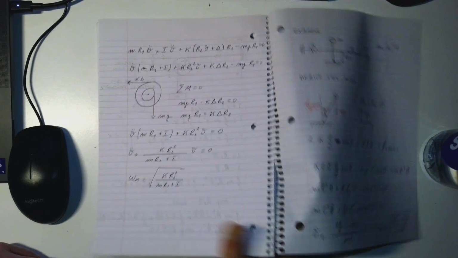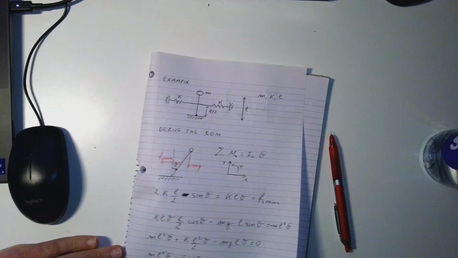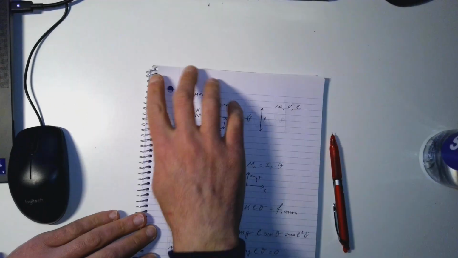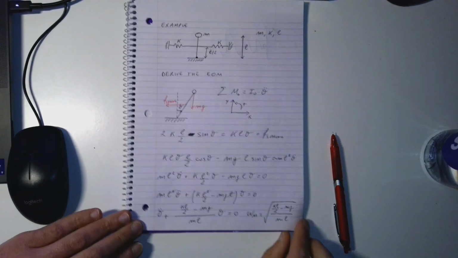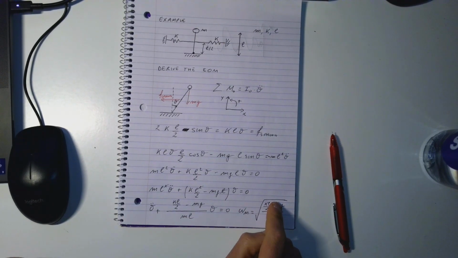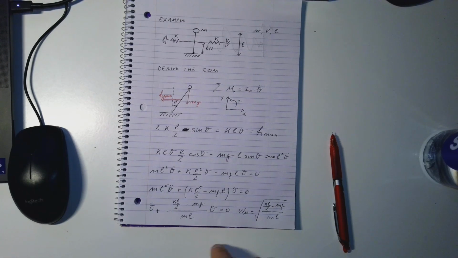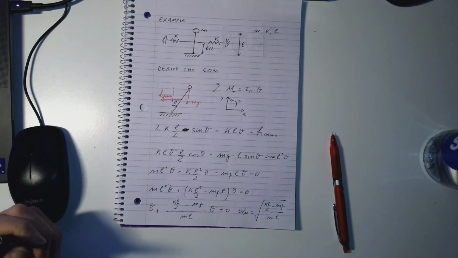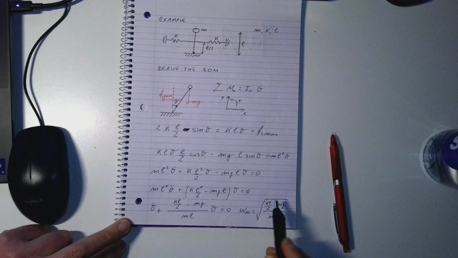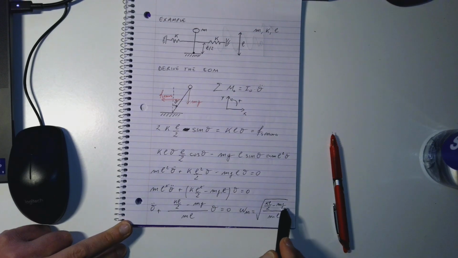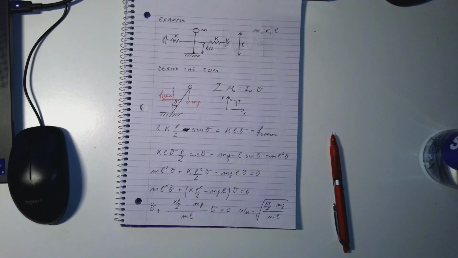So we have to be careful. We always work with symbolic problems, or most of the time we work with symbolic problems. So in a situation like this, we have to pay attention, because the system can be stable or unstable depending on the relation between K, L, M, and G. Makes sense?